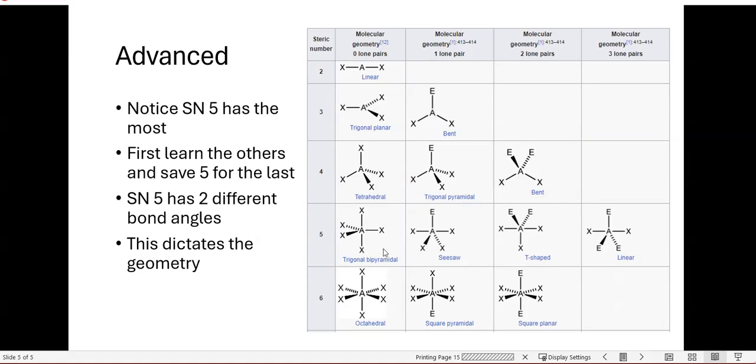Okay, on 5, because we have the different bond angles, when we put that lone pair on there, if we put it here, it'll be interacting at 90 degrees with 3 different bonds. If we put it here, it only interacts at 90 degrees with 2 different bonds. That's why the lower energy shape is being on that plane with the trigonal planar.